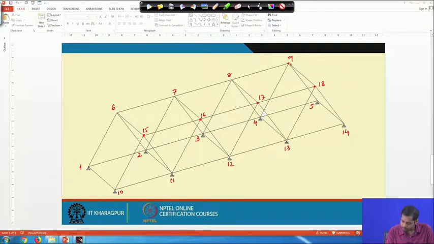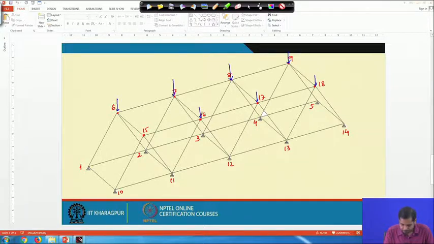Now, the coordinates of these nodes are written. I will show you the coordinates, and suppose it is subjected to some load. At all the places we have some load. And these are all loads.